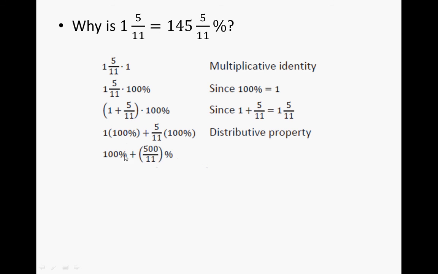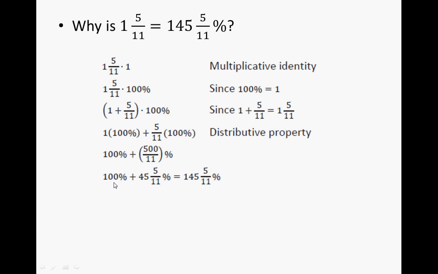Now notice what happens. This becomes 100%, and 5/11 times 100% becomes 500 over 11. Well, now we find out how many 11s go into 500, and that is 45 times with 5 as a remainder. So 45 times 11 plus 5 is 500.